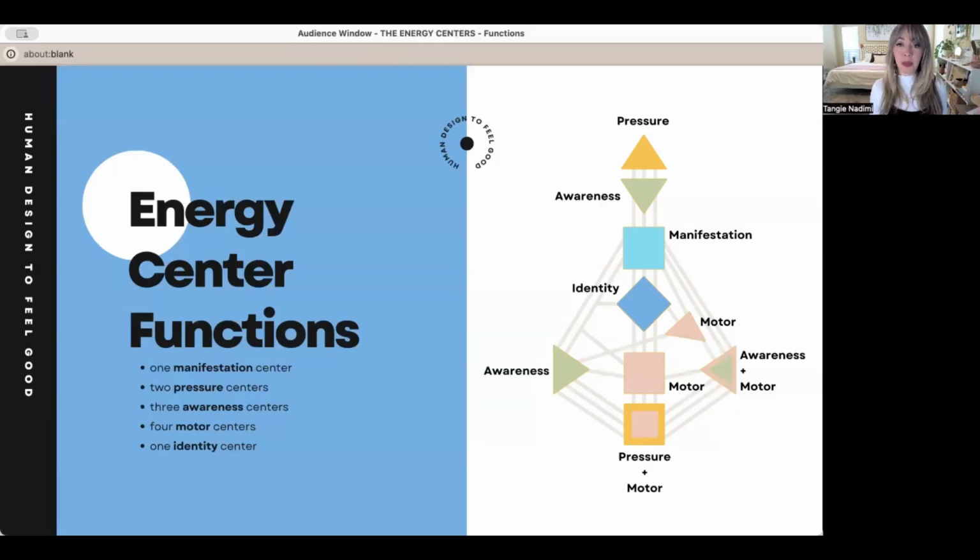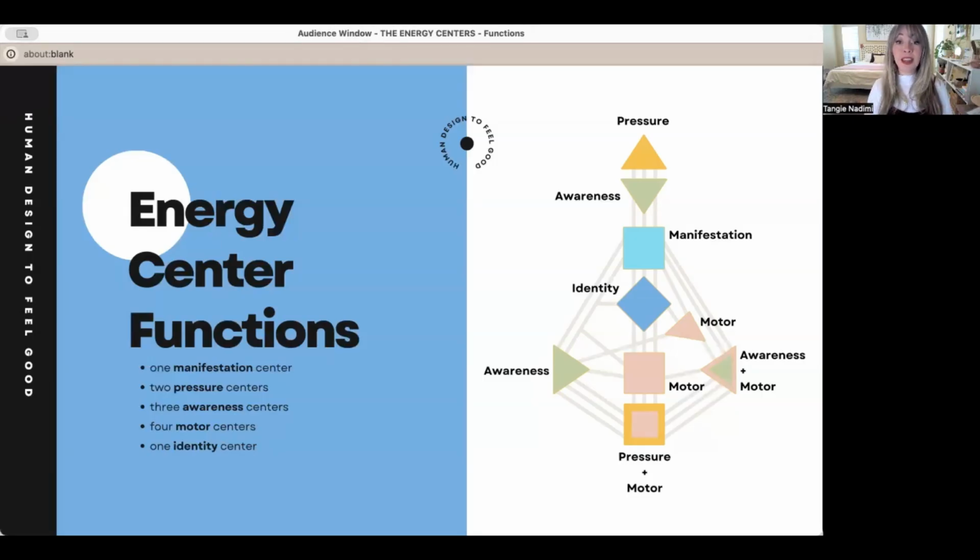The pressure will come and go if your pressure centers are undefined, and the pressure will be consistent if they are defined. You'll absorb and amplify the pressure from outside of you if you have these undefined centers.